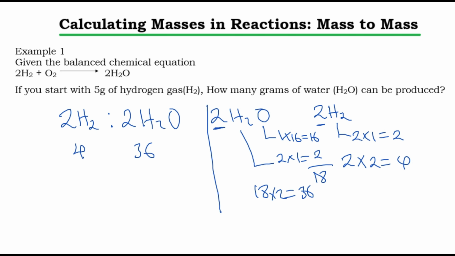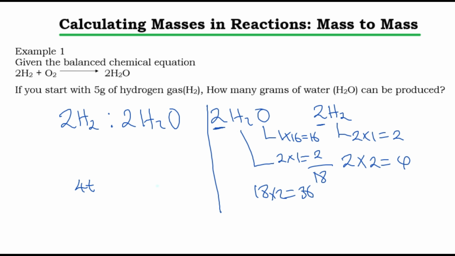Now, what these numbers mean is that if I have 4 grams of hydrogen, 4 grams of hydrogen will produce 36 grams of water. So these numbers are relative. If I have 4 tons of hydrogen, I will produce 36 tons of water.